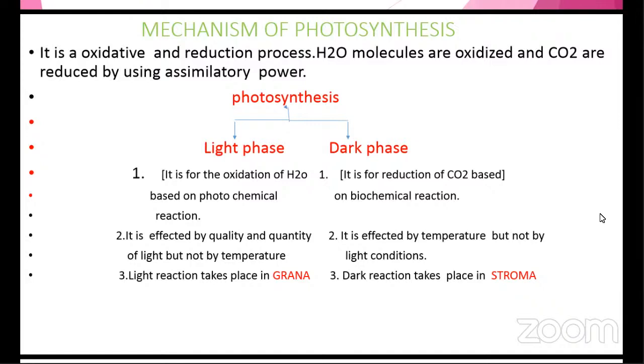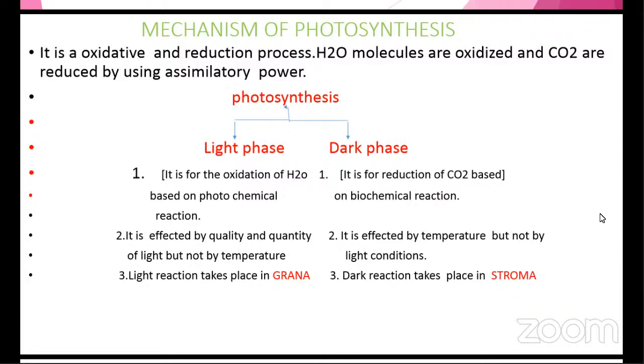In this light phase, oxidation of H2O takes place based on a photochemical reaction. And the next point is, it is affected by the quality and quantity of light, but not by temperature. It means this phase is mainly influenced by light only, but not temperature.